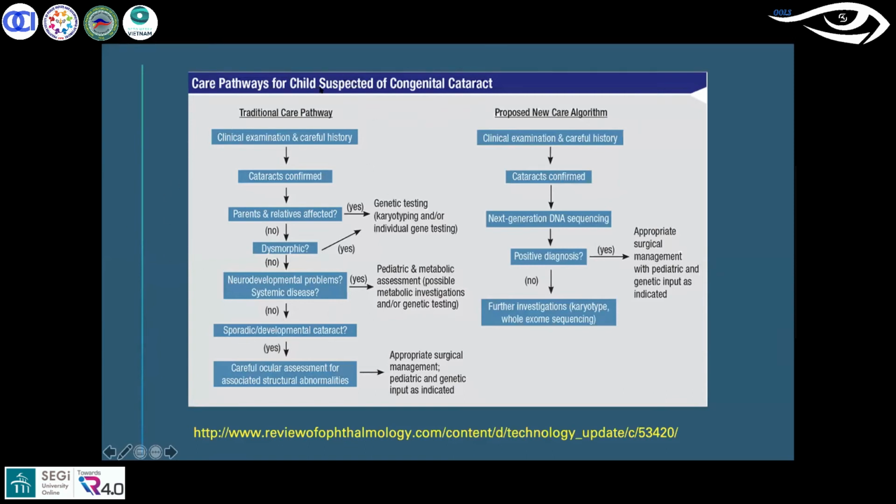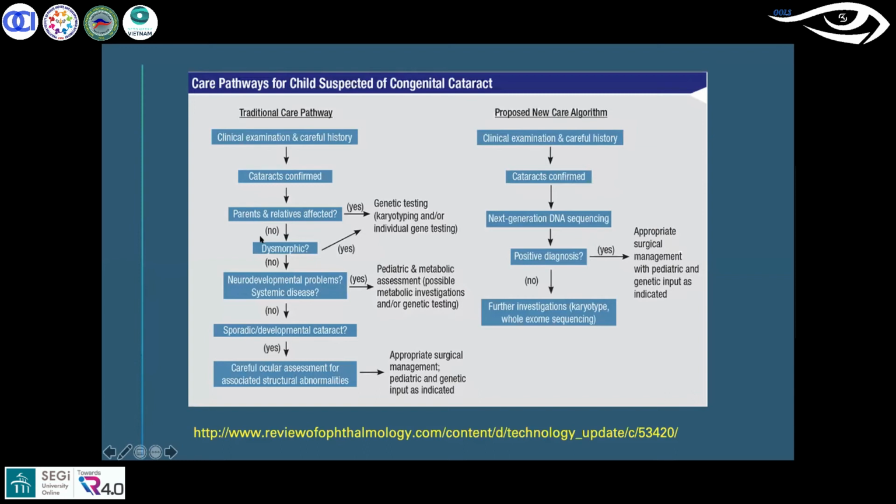I'm sure most of you would not have been alive at that time, but nevertheless, if you are sitting in a clinic, ophthalmology, optometry, doesn't matter, taking history, and a child comes with bilateral cataract, then you look at the parents, whether affected, yes, no, and all kinds of possibilities.